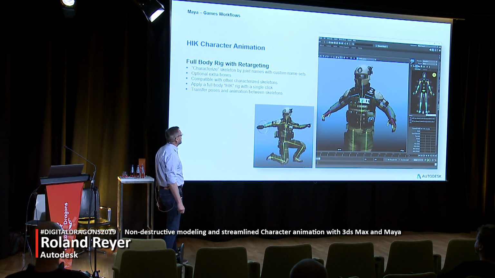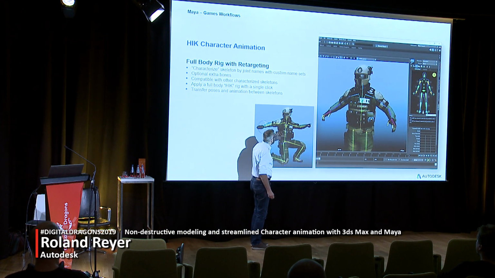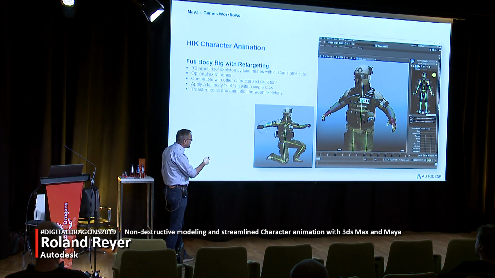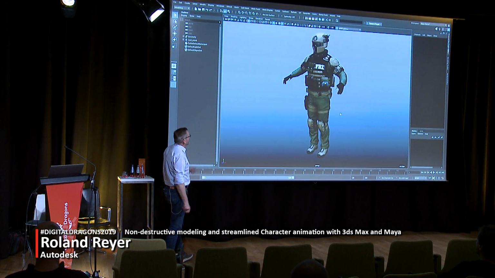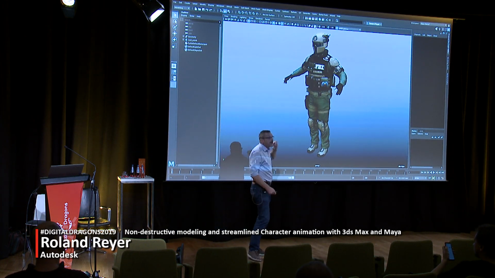Alex said it already. We have a SWAT character from Payday 2 here that came with a skeleton already. It has the proper naming, so it has a good naming. What I did here was to take this existing skeleton and characterize it.